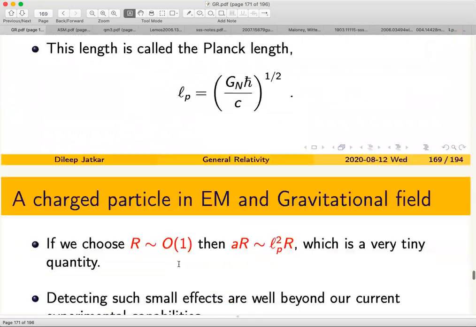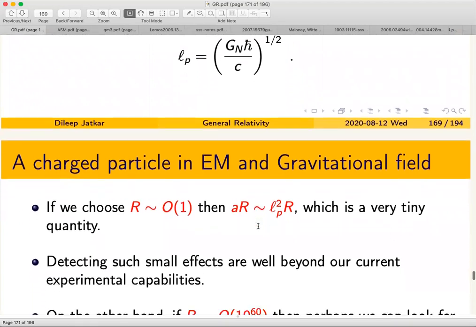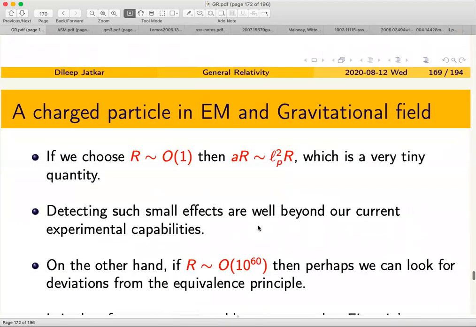Okay. Now it turns out that the Planck length is a very small quantity actually. It is something of the order of 10 to the minus 33, 34 centimeters. And if that is the case, then you would want a Ricci scalar to be sufficiently large for you to be able to experimentally detect terms of this kind.